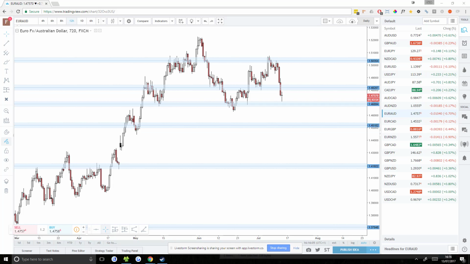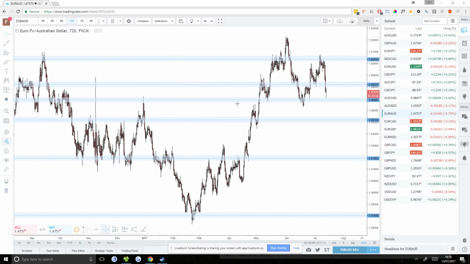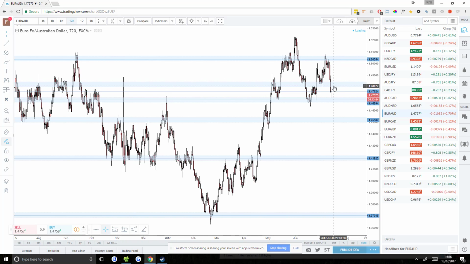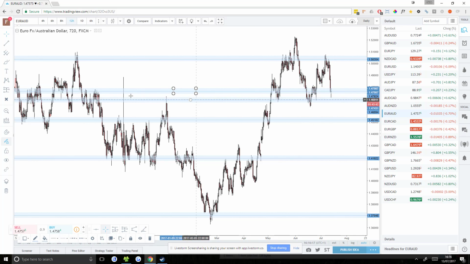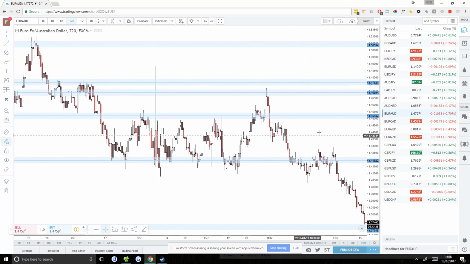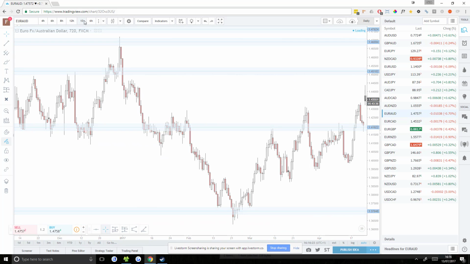What do you think? What do I think? I think it's absolutely messy support resistance in this area. But I don't really see why you have yours there.